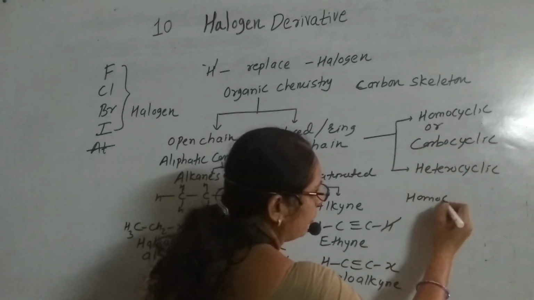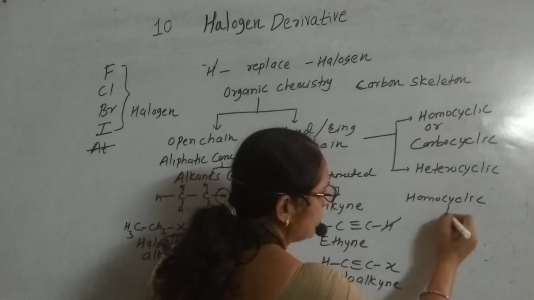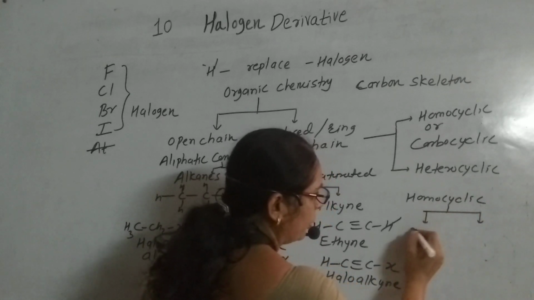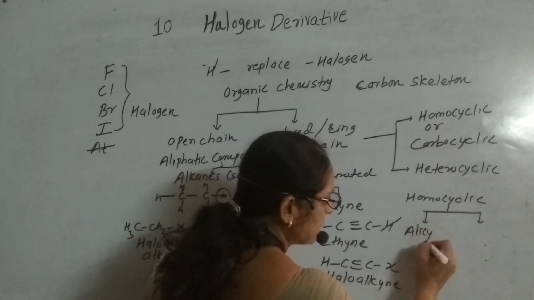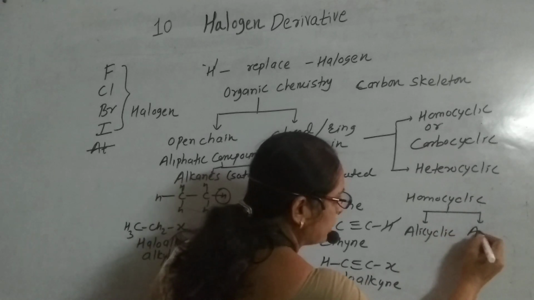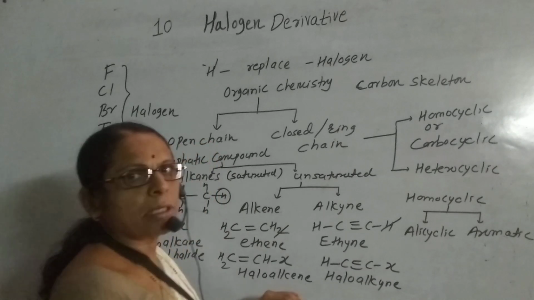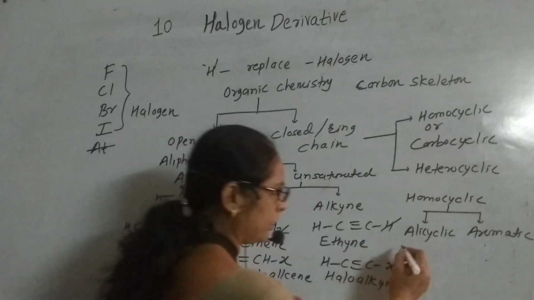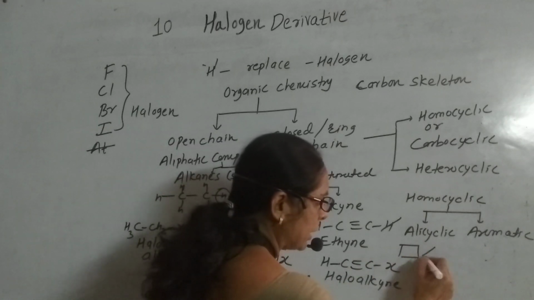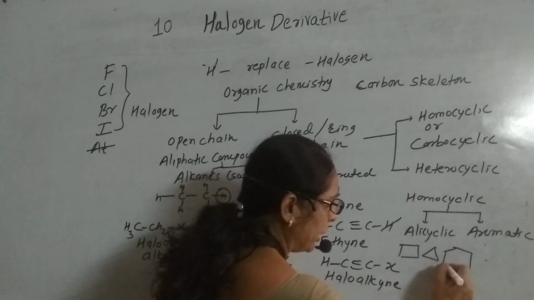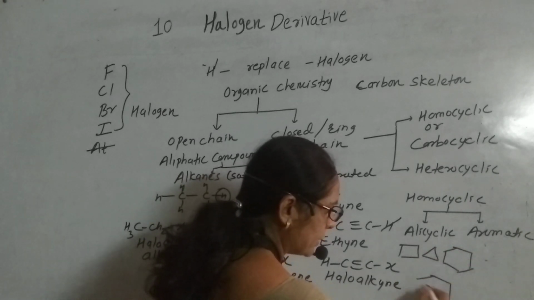Homocyclic or carbocyclic compounds contain two types of compounds: alicyclic and aromatic. Examples of alicyclic are cyclobutane, cyclopropane, cyclopentane and cyclohexane.